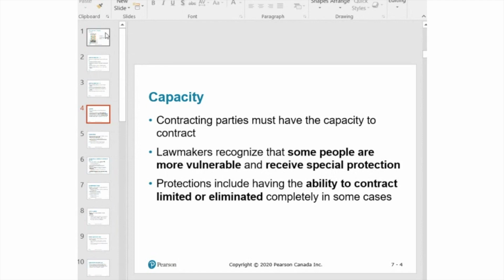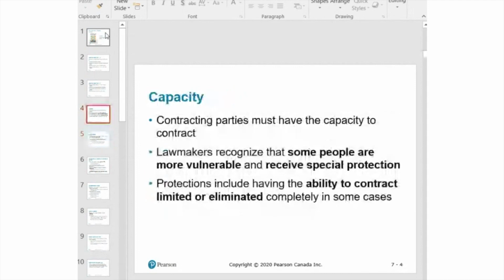So the law tries to protect some parties, by either limiting their capacity, their ability to contract, or eliminating it completely. We'll see some examples of those.